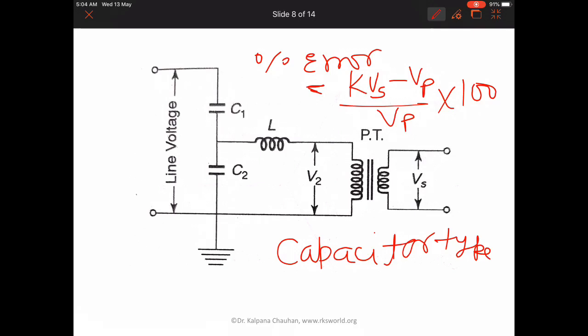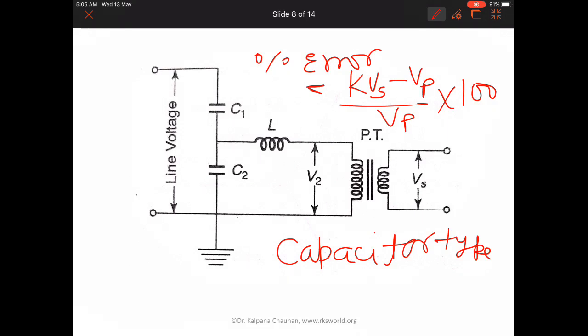The electromagnetic type is convenient to use up to 132 kV, while the capacitor type is used for higher voltages. Because the electromagnetic type PT becomes costly for higher voltages, we always go for the capacitor type for higher voltages.